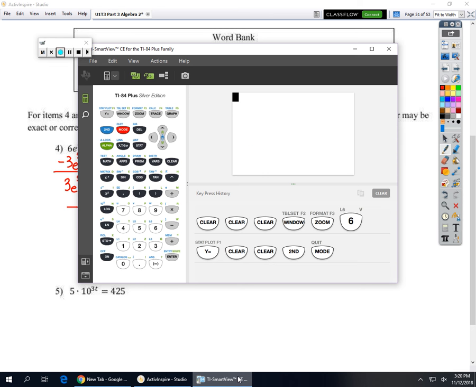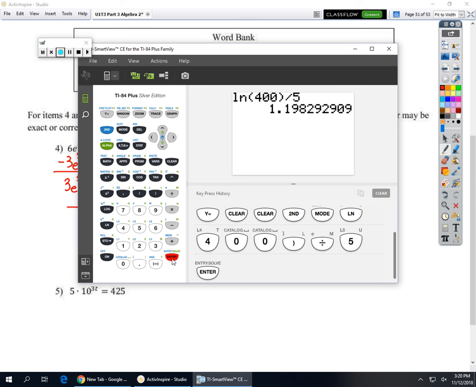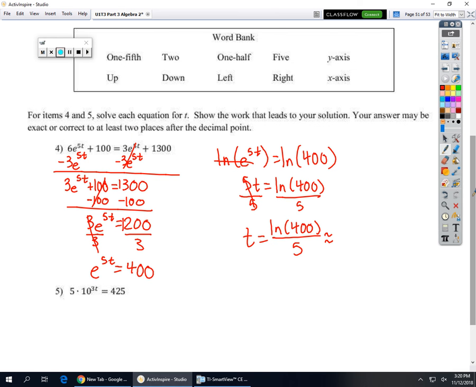So that would be, what was it again? ln 400, close the parentheses, divide by 5, and I end with 1.198. It only asks to 2 decimal places, so this would round to 1.20. So you could have left your answers like this, or you could have gone here. It's probably safer to just leave your answers like this.